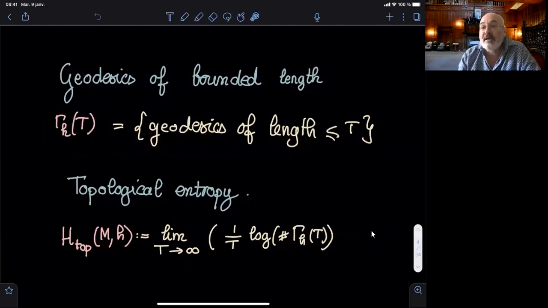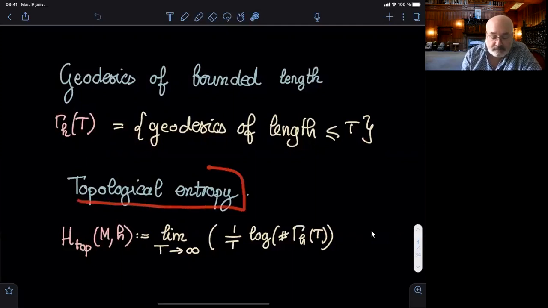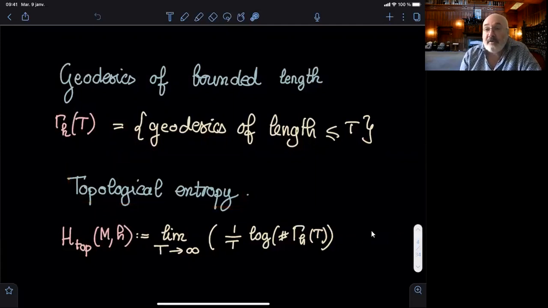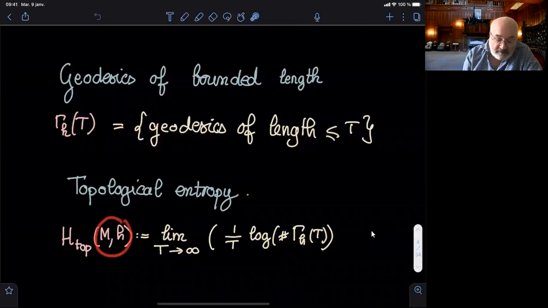And one of the basic objects that you introduce is the topological entropy. So this topological entropy measures how exponentially the number of these geodesics grows with respect to t. So here is the precise definition. The topological entropy, so top here is for topological. And again, M is my closed Riemannian manifold, and h is a metric with negative curvature.